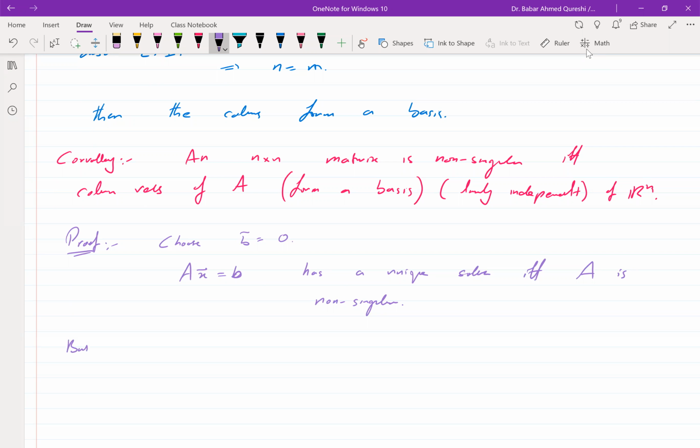So that just implies that A is non-singular if and only if the columns of A are linearly independent.